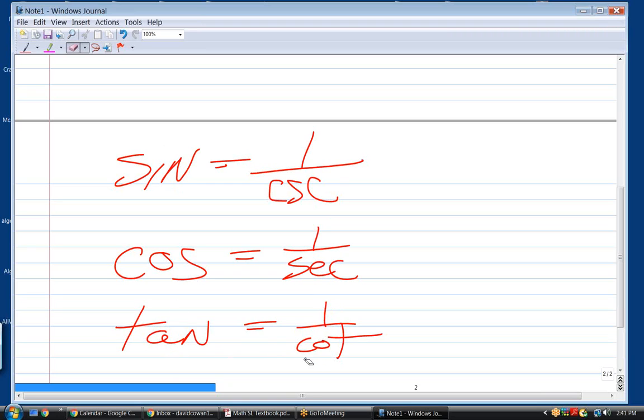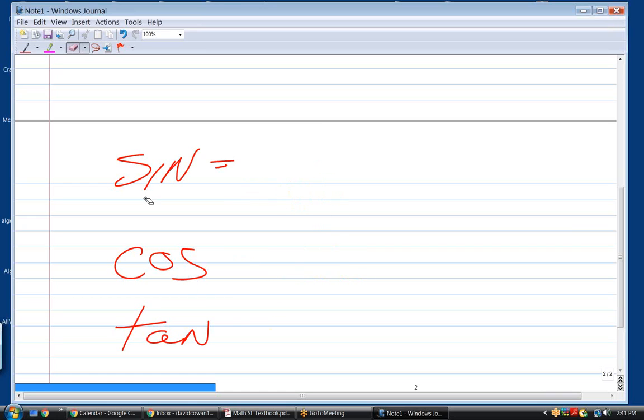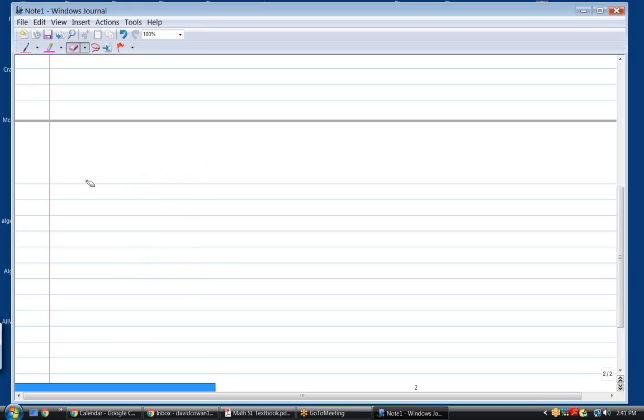But out of necessity, when they were trying to restrict the number of keys they put on your calculators, they didn't want to put 6 keys. So they just put 3, and they chose these 3. So people tend to think of these as your 3 primary trig functions. And if you remember that, then you won't get the reciprocals confused with the cofunctions.